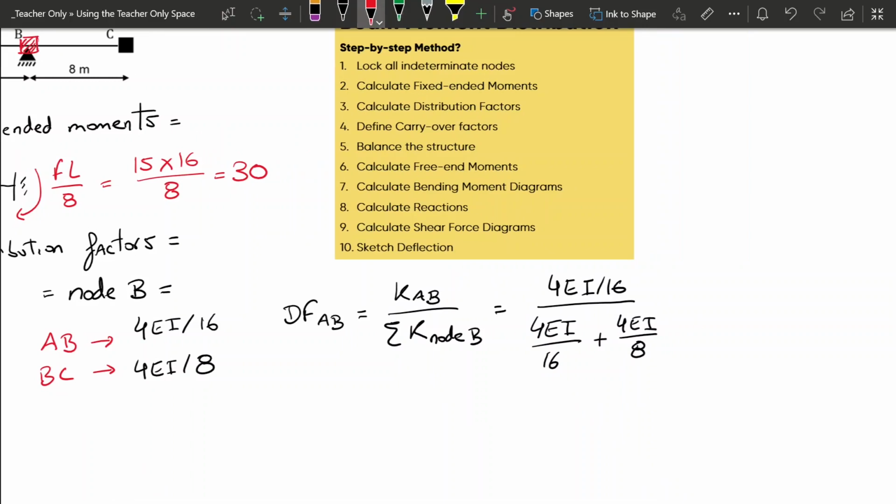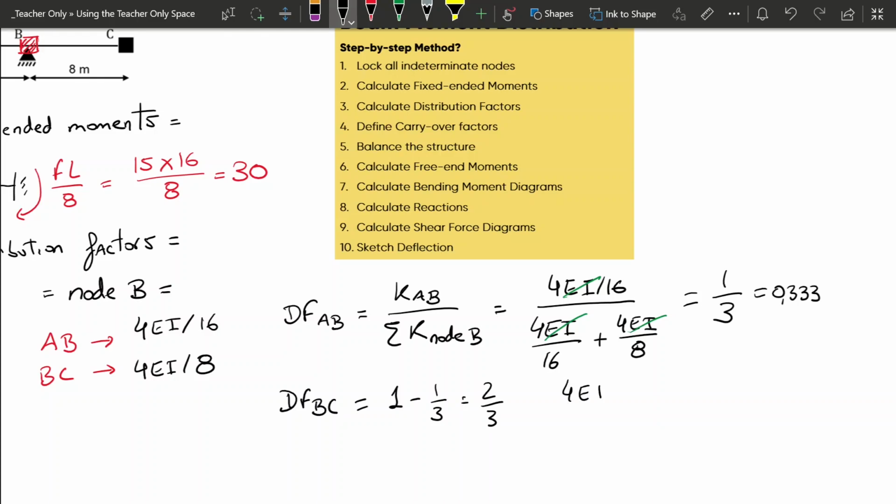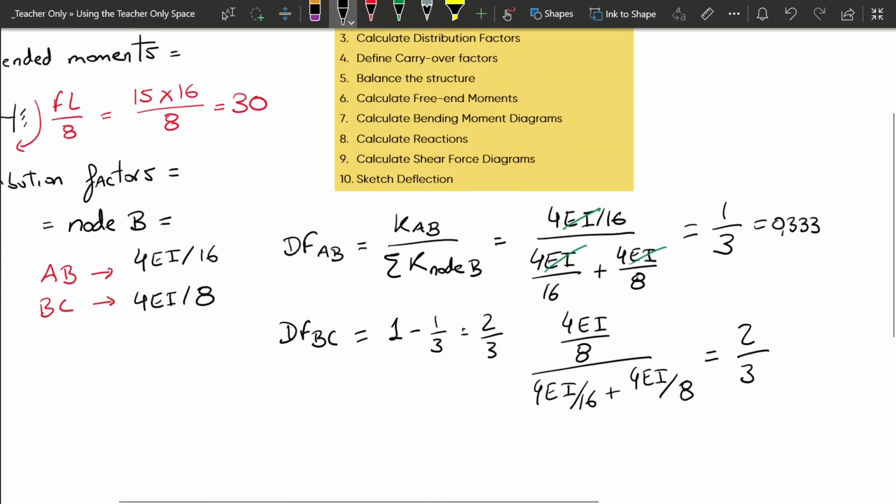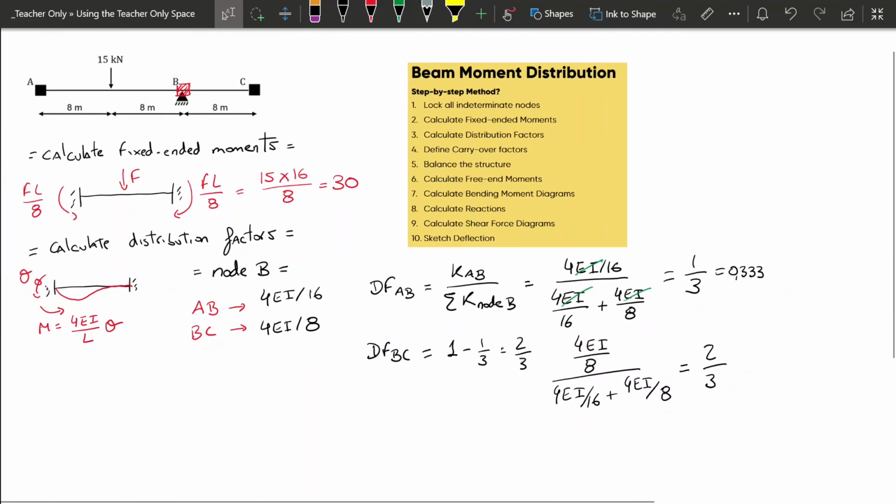The EI simplify, and at the end we get that this is equal to 1 over 3 or 0.333. If we want to know the distribution factor for BC, we can straight away do 1 minus 1/3, and we know that's 2/3, or alternatively we can do 4EI over 8 divided by, again, the sum of the two. And in this one, again, the solution is 2/3. Okay? So that concludes the topic of distribution factors.